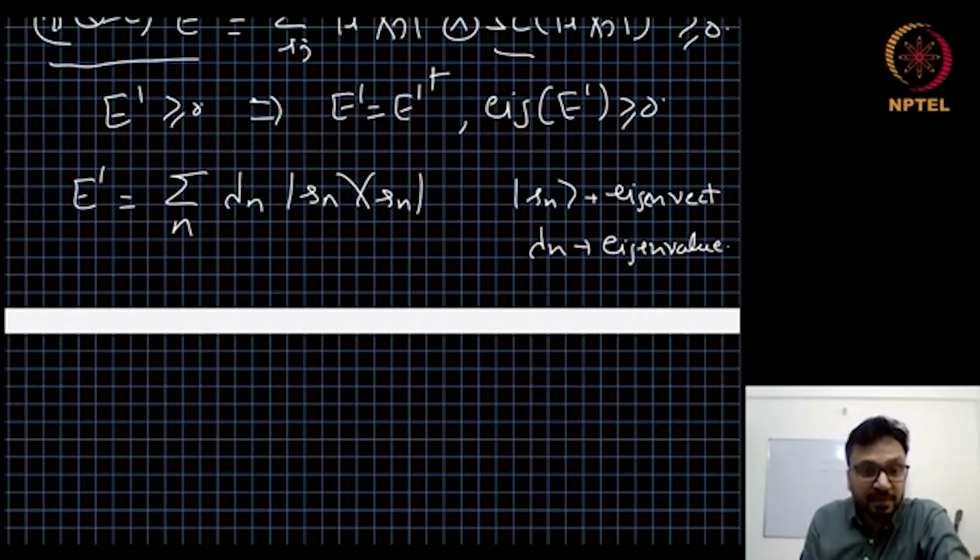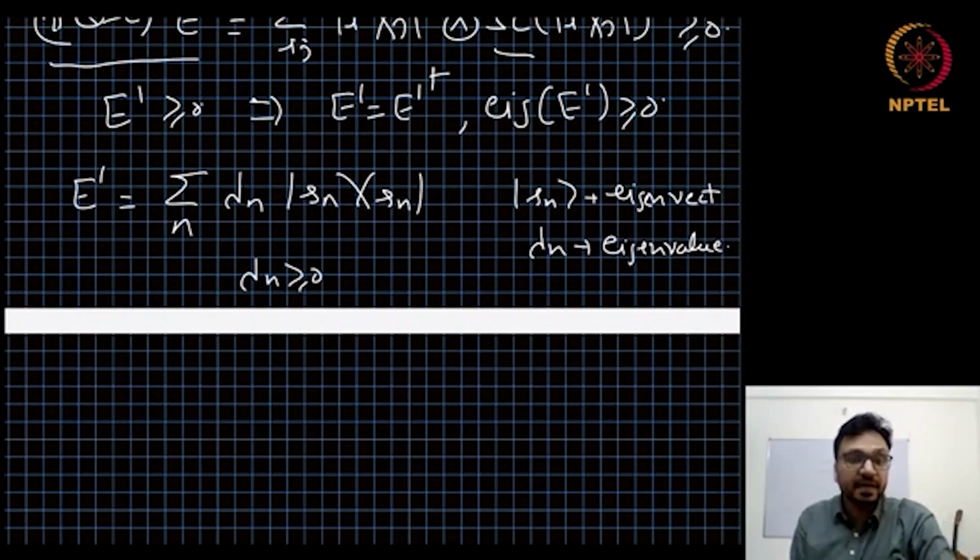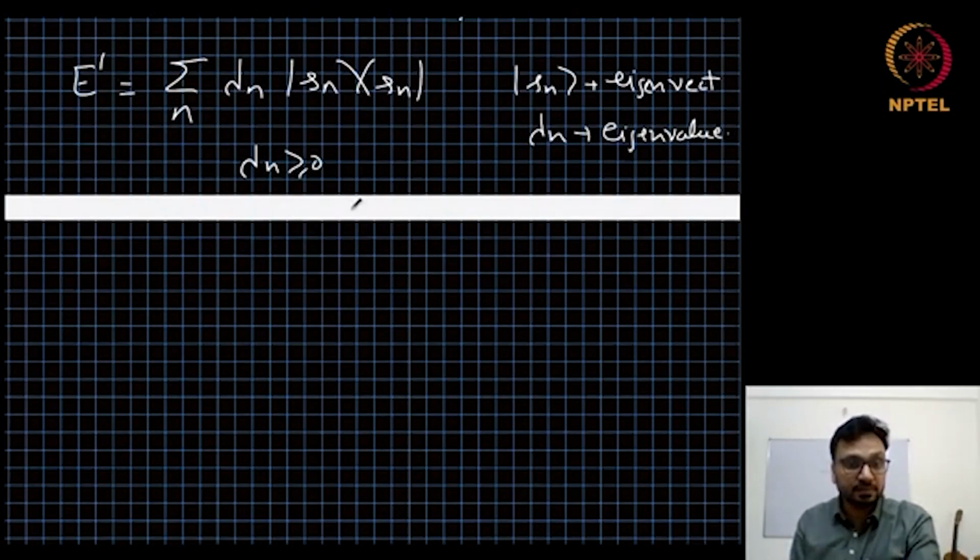Since E prime is a positive operator, lambda n's are positive semi-definite and Sn are the orthonormal bases.